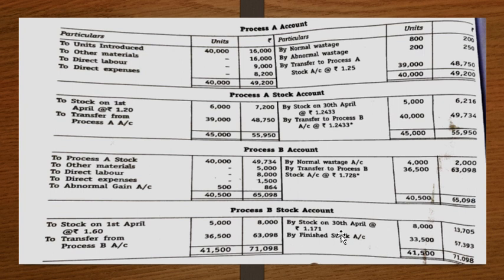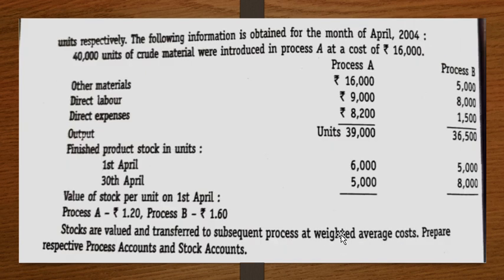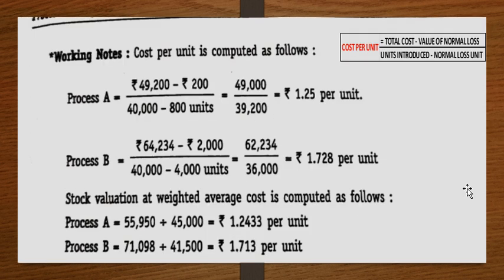On the output side, you will take your closing stock and check your balance. Have they given the closing stock? Yes, it is 8,000 units, but they have not given the cost per unit, so you will calculate it. As the stock is valued on weighted average cost, the formula is total cost divided by number of units.